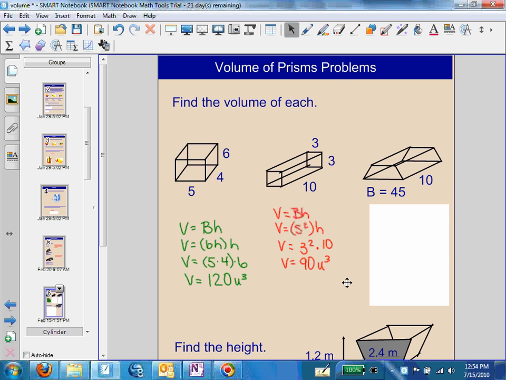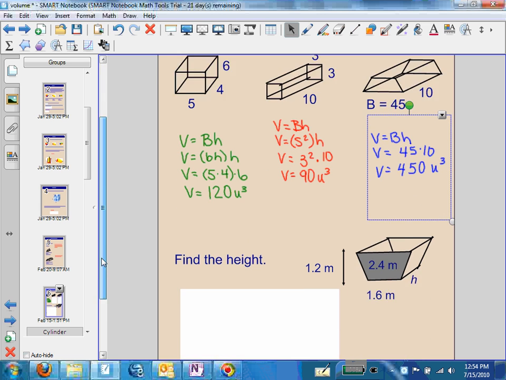In my next example, I'm told that my base area is 45, which makes the example really easy because I don't have to use my trapezoidal formula. So I'm going to multiply the area of my base times my height. So that's just 45 times 10, which is 450 units cubed.